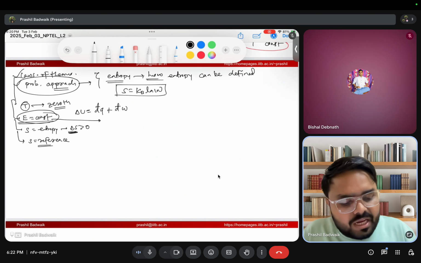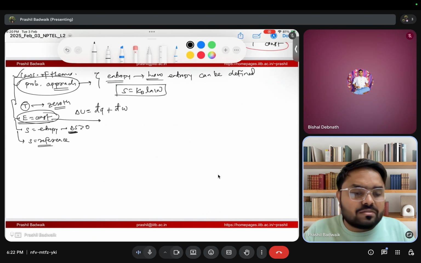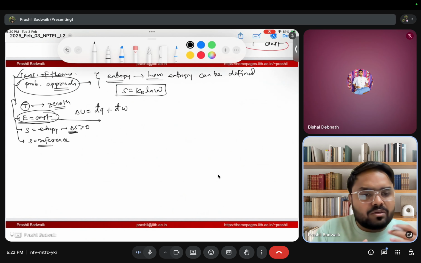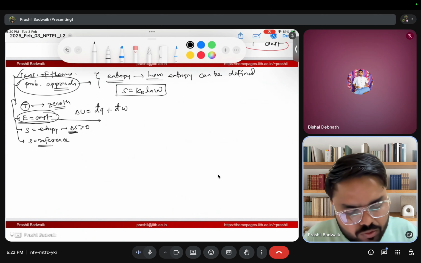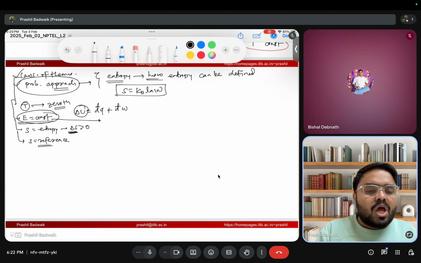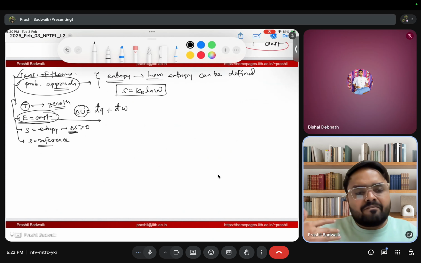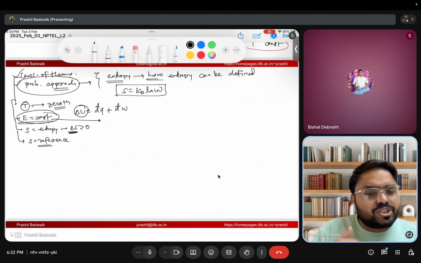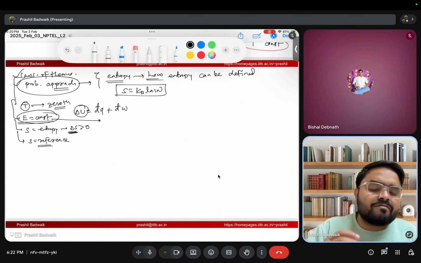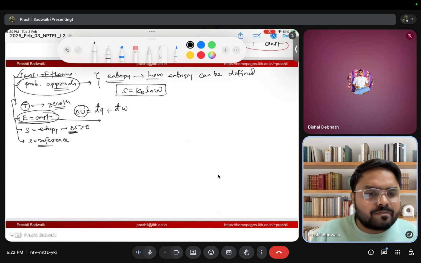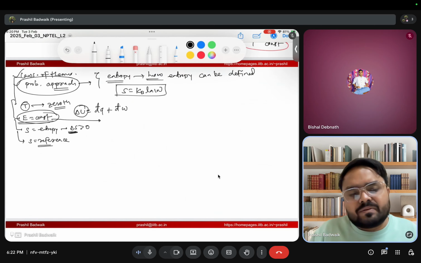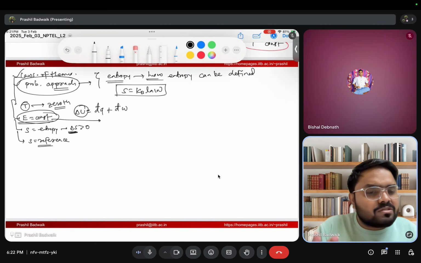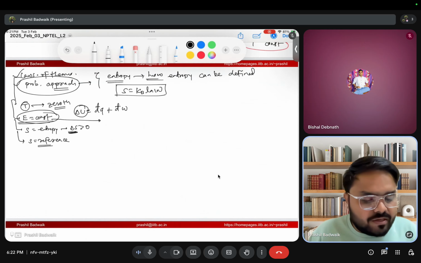And then we said energy, the change in energy, is constant whenever I'm going from one process to another process. So for an isolated system, if the energy is not exchanged with the surroundings, that means some other property has to change. And what is that property? Because if nothing is changing, then why should the process happen?